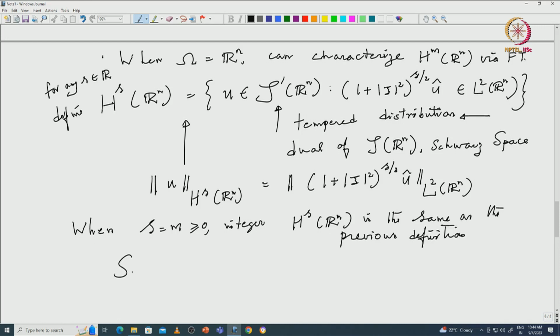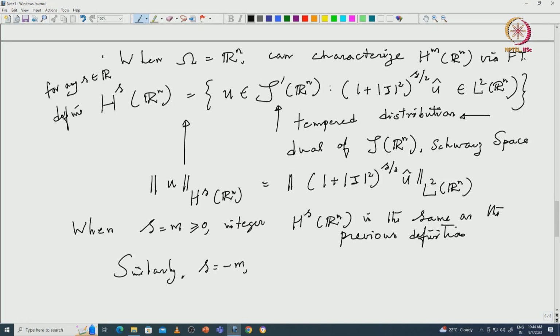Similarly, when s equals minus m, with m a non-negative integer, this gives you a direct definition of H minus m, and it coincides with the earlier one, because the dual of H0 m of Rn we have defined earlier.